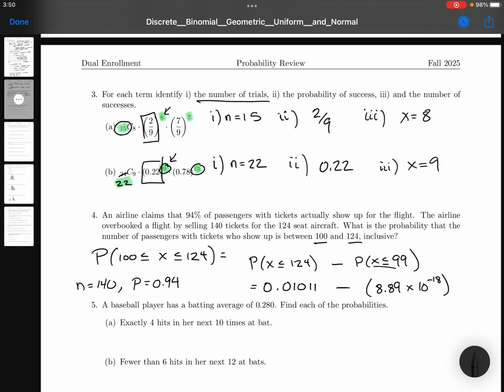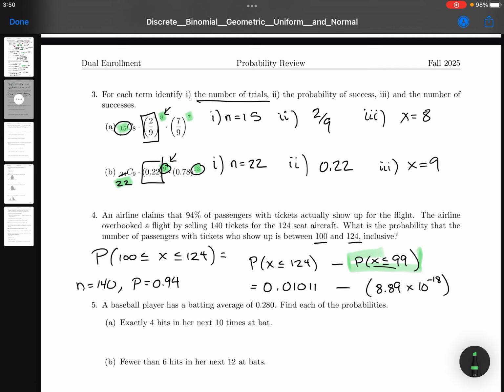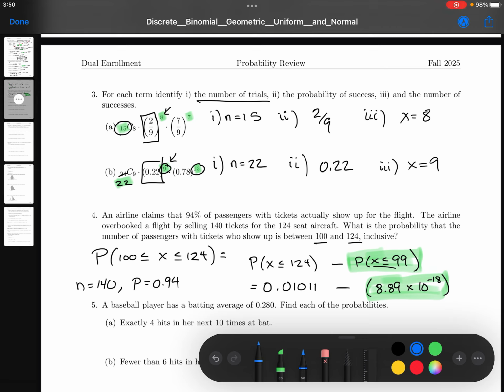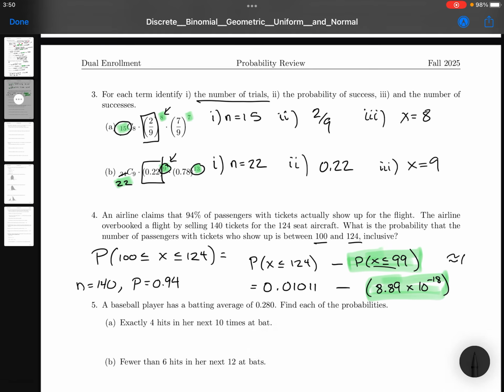So this is really rare, right? The second probability is not likely to happen because it's so close to 0. Well, what that means is when you take this first probability and subtract, you're still really close to this first probability. So 0.01011.